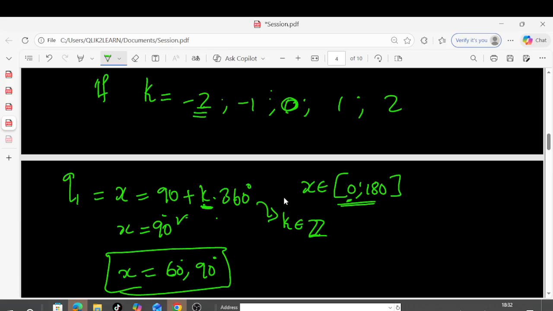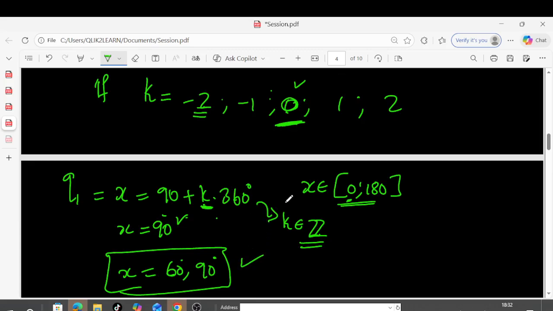Is it your first time doing general solutions? k can be any element of the integers. You can substitute any of these, but I see that 0 makes everything easy for me to get my x values. So 0 is the easiest one.